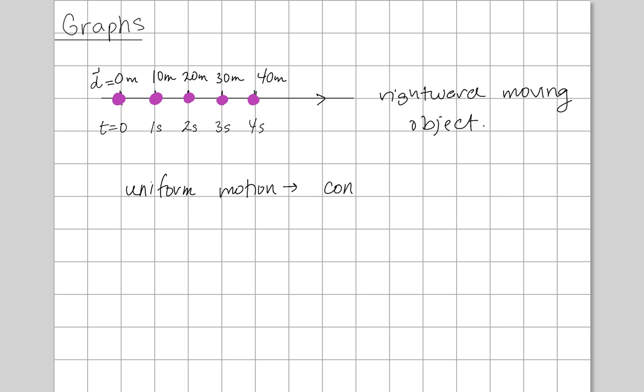Not acceleration, constant velocity, which means it has no acceleration. So would your graph be linear or non-linear? Good, you'd have a linear graph.